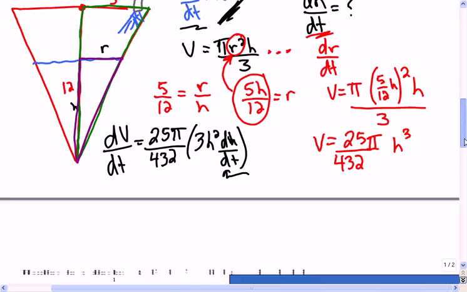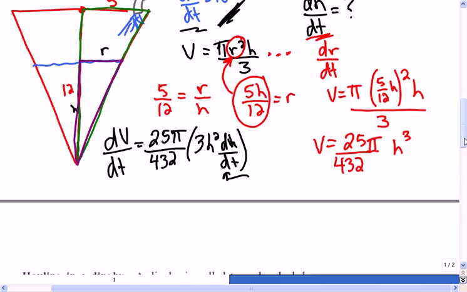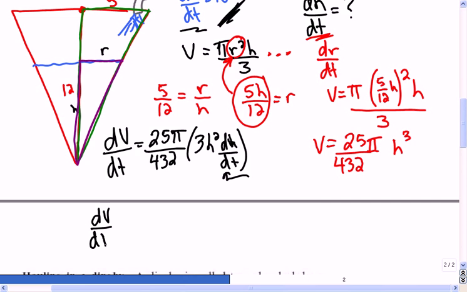So let's rewrite it solved for dh/dt. So dV/dt, I'm going to move the 432 up and the 25 pi, and there's a 3h squared coming down. So that's been rearranged so that I now have dh/dt.